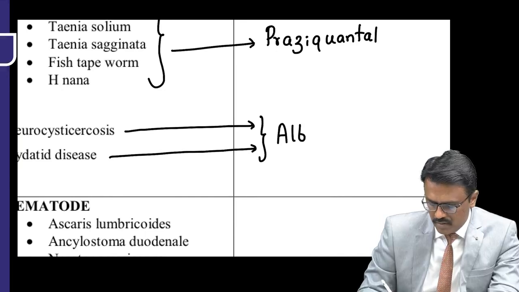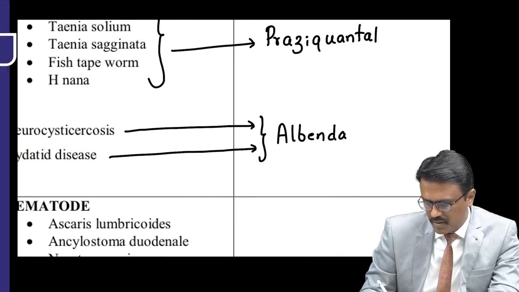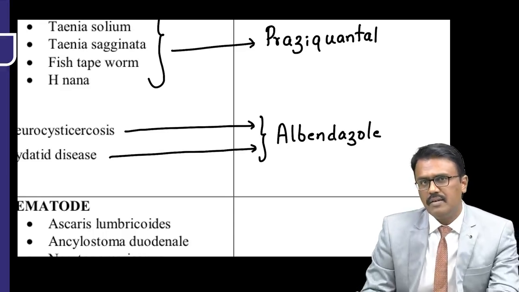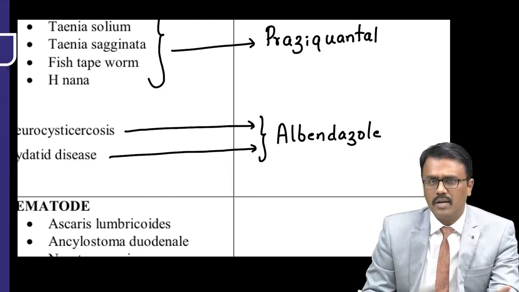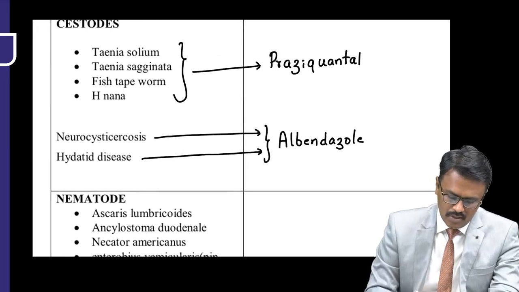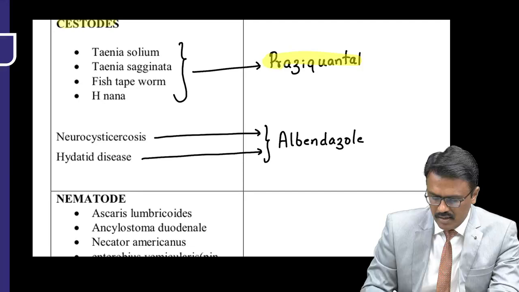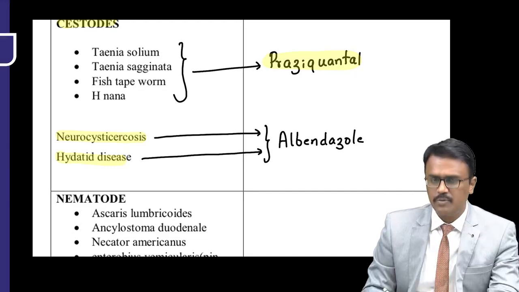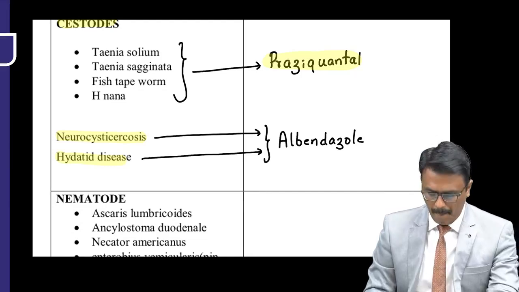Albendazole is the better option for neurocysticercosis and hydatid disease seen with the dog tapeworm. So you can read it like this: for all cestodes, the drug of choice is praziquantel, except neurocysticercosis and hydatid disease, where the drug of choice is albendazole.